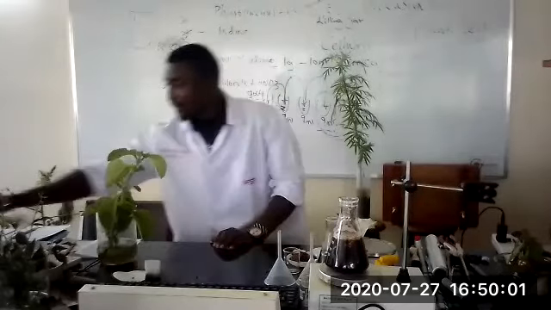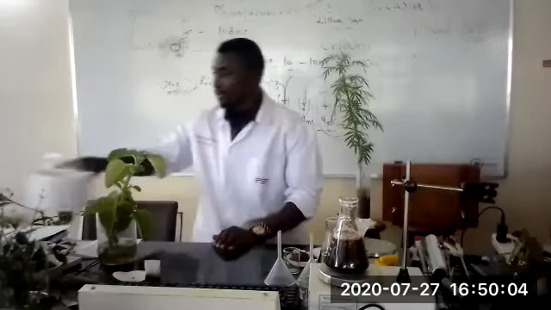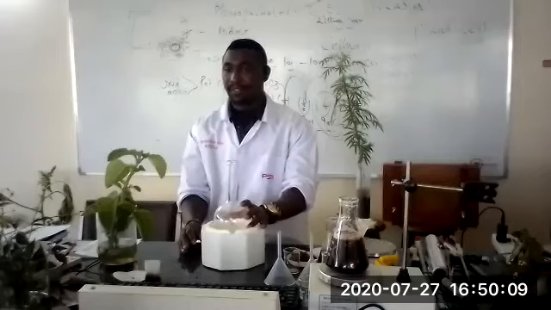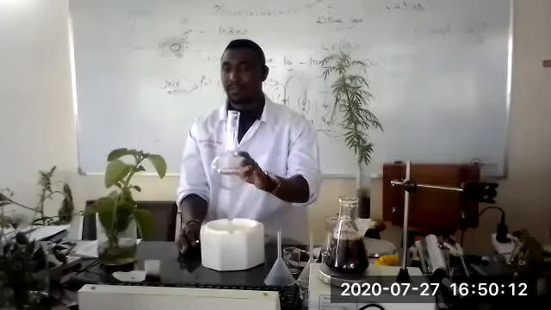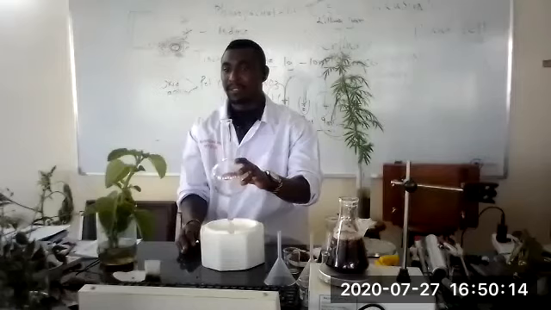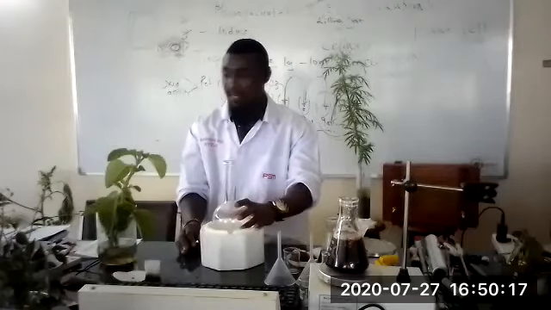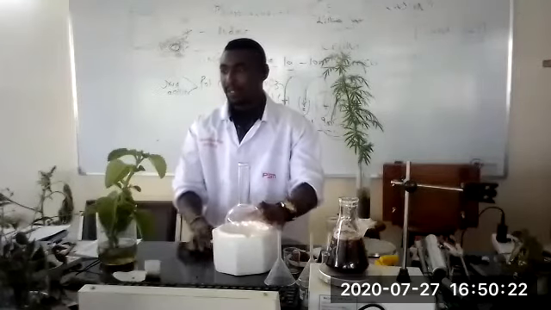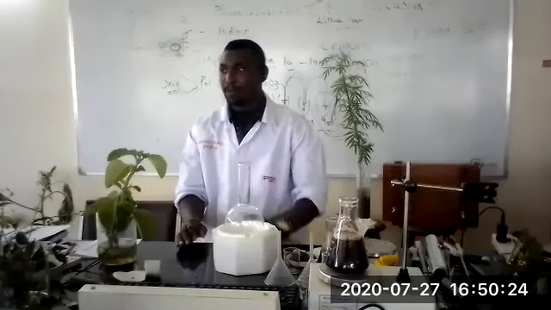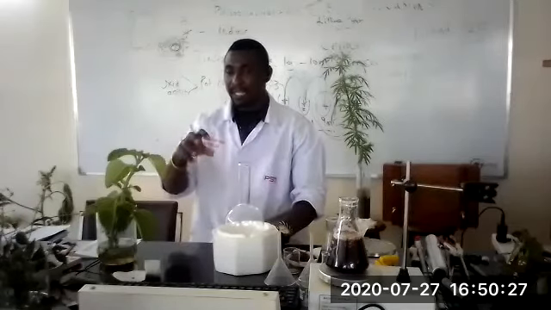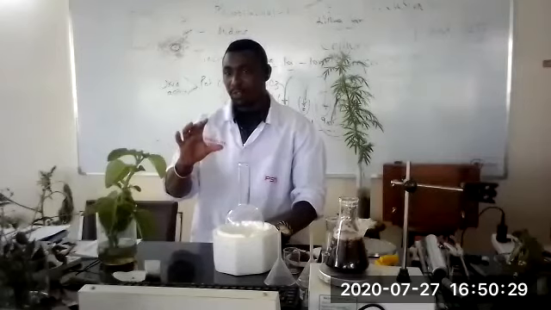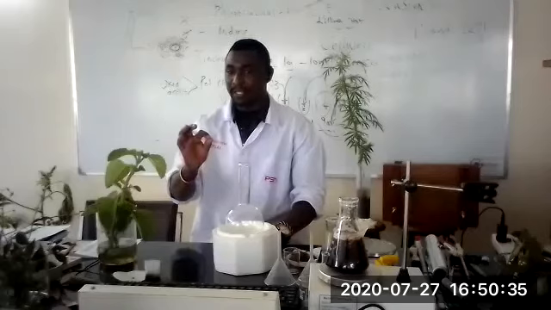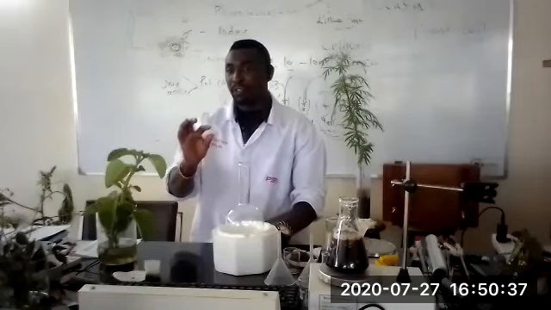So, in my extraction, I've chosen this round bottom flask. I will use this round bottom flask, and also I'm going to show you a reagent bottle which can also be used to carry out this extraction process, which already has a cork.